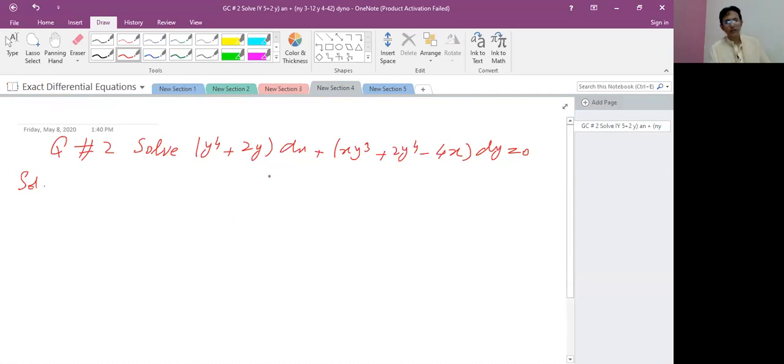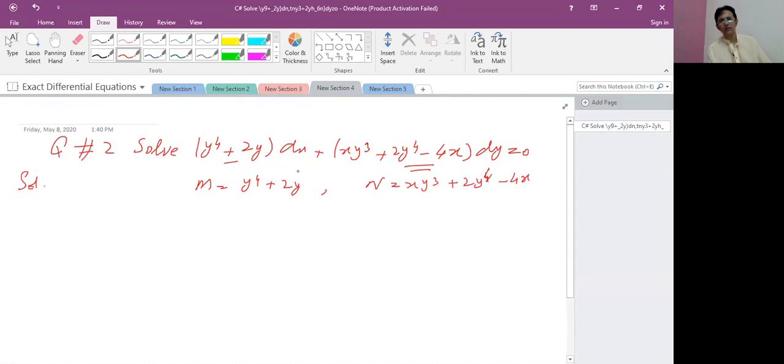So first we identify m and n. M of dx means m is y raised to the power 4 plus 2y, and n is equal to xy cube plus 2 times y4 minus 4x. It means the coefficient of dy is n, and the coefficient of dx is m.